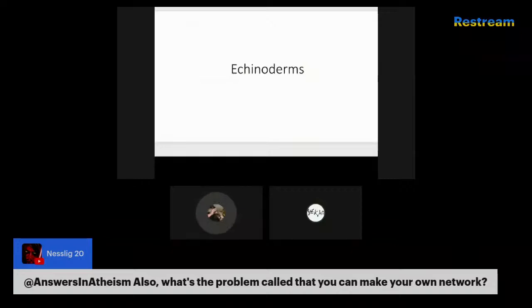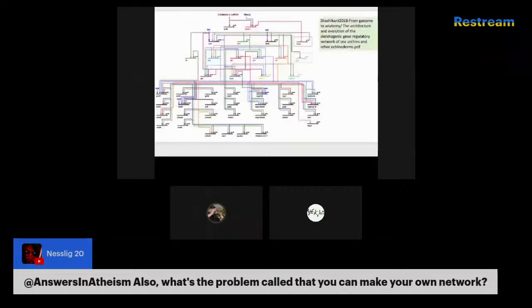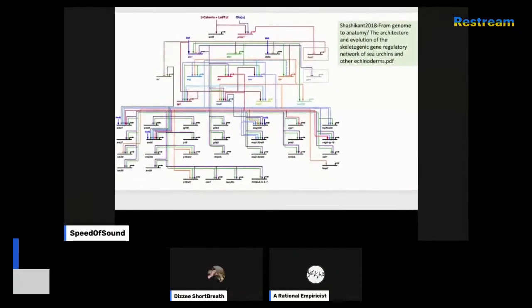Also, what's the program called that you can make your own network with? He says, what's the problem called? Maybe he means program. Hang on a second. It's called Biocodes, and I have a link to it somewhere.